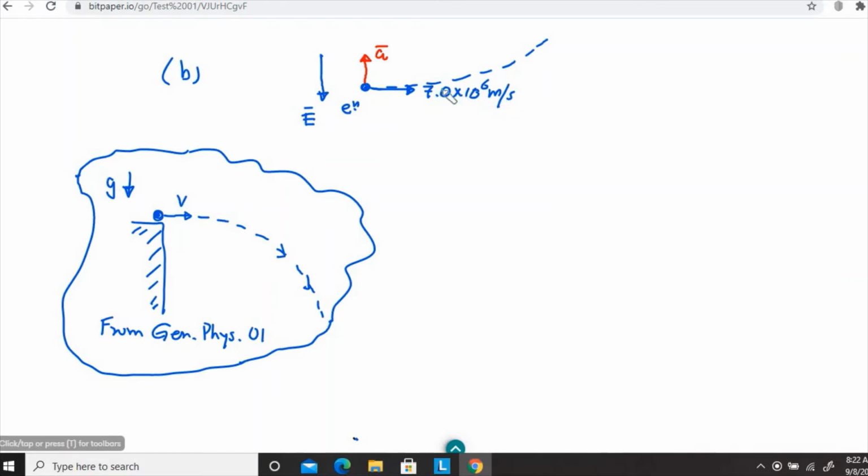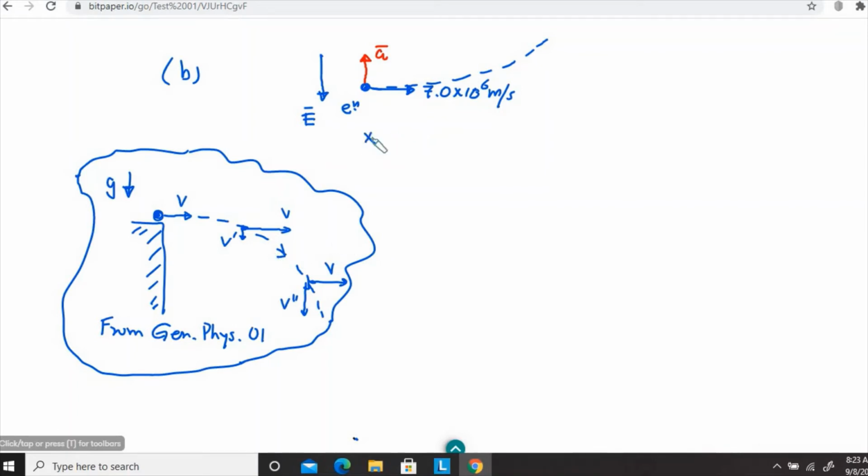So remember, just like here, the horizontal velocity does not change. It's the same value. What happens is that the vertical velocity is going to increase because gravity is acting in that direction. So vertically, the speed is going to increase. Horizontally, nothing is going to change.